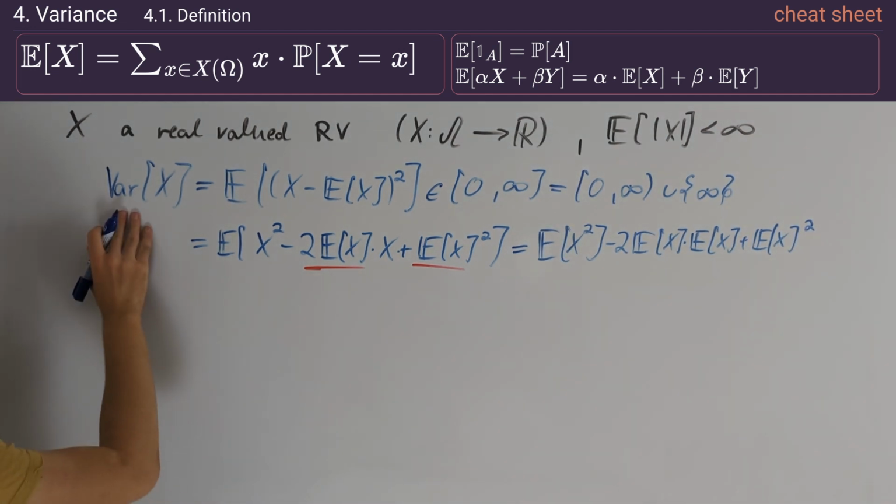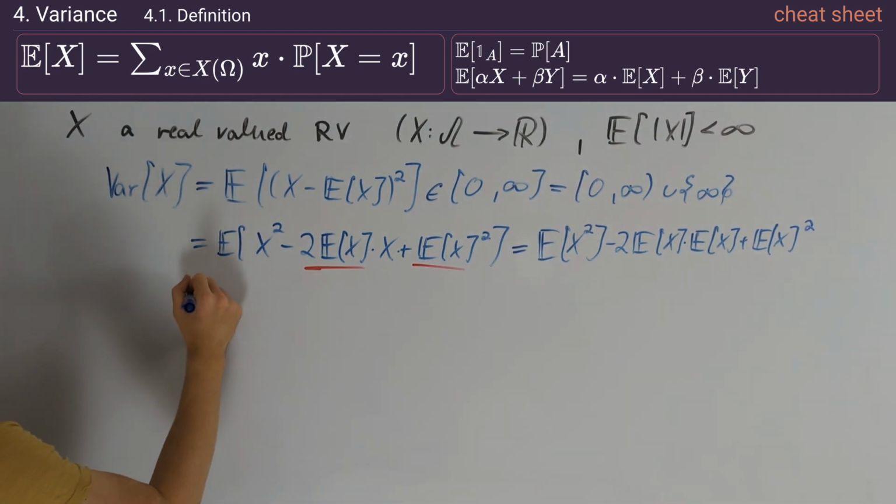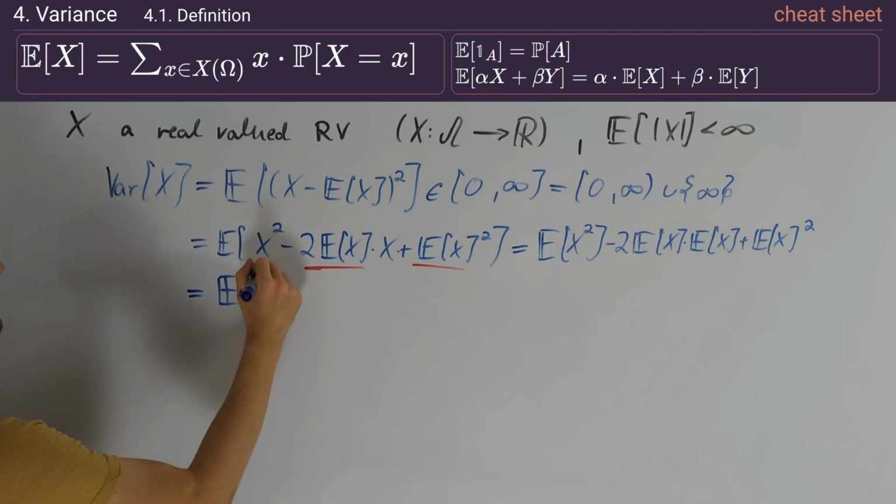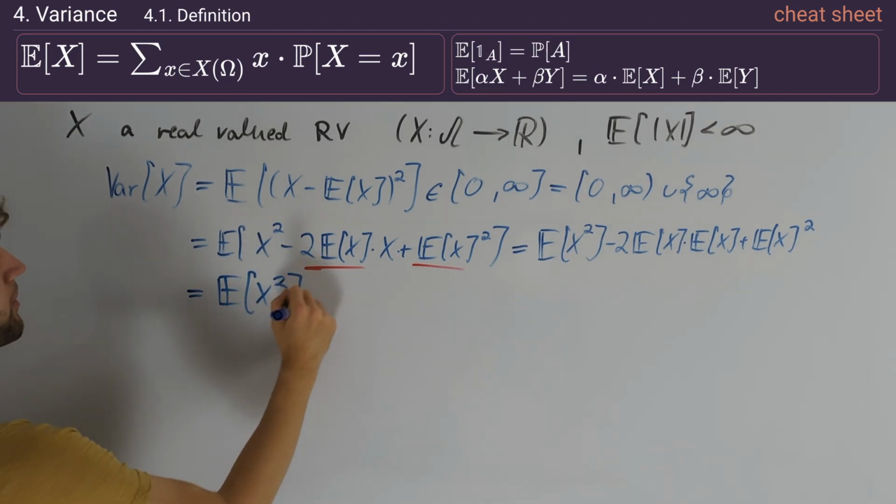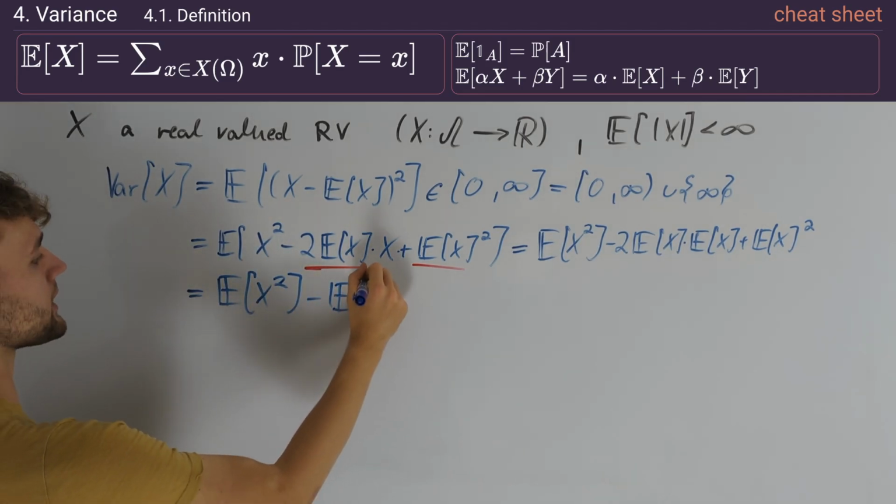Finally, we obtain that the variance of X is also equal to the expectation of X squared minus (expectation of X) all squared.